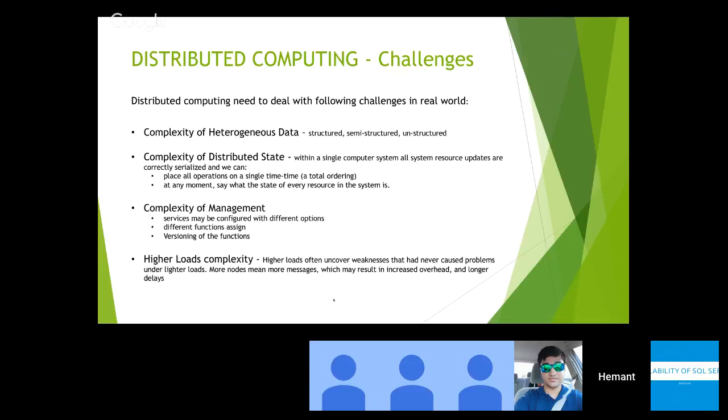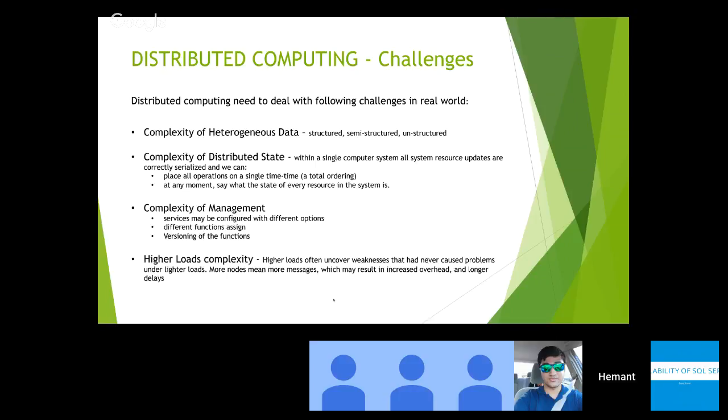So when the computing happens, it needs to deal with all kinds of data, and that's where we will have the discussion of different storages which address those needs. Then the complexity of distributed state. Within a single computer, all the system resources are correctly serialized because they exist at one point.